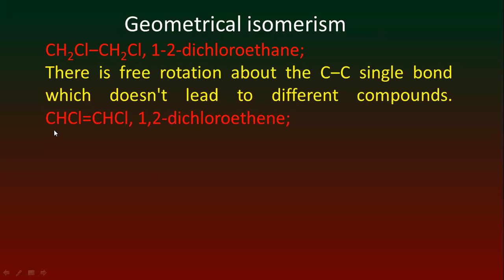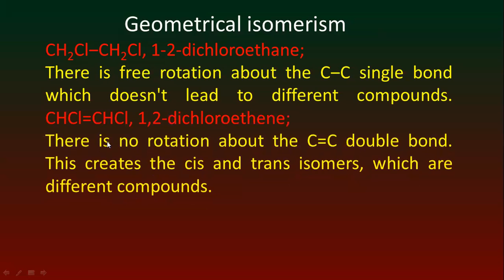Now see the next one. This is another compound, CHCl=CHCl. Here the compound name is 1,2-dichloroethene. This compound was already discussed in the previous slide. There is no rotation about the carbon-carbon double bond due to the presence of a double bond.